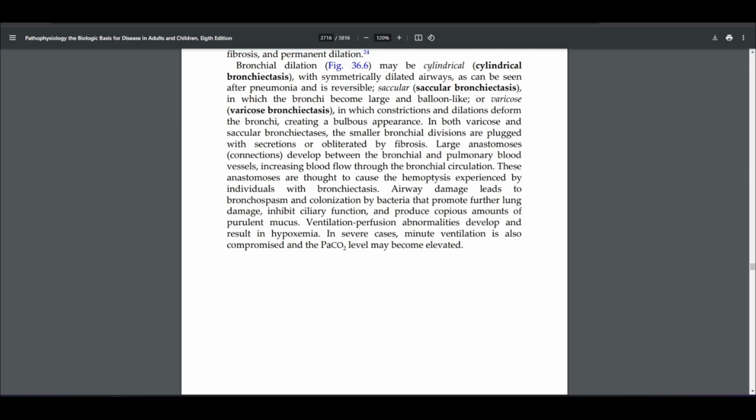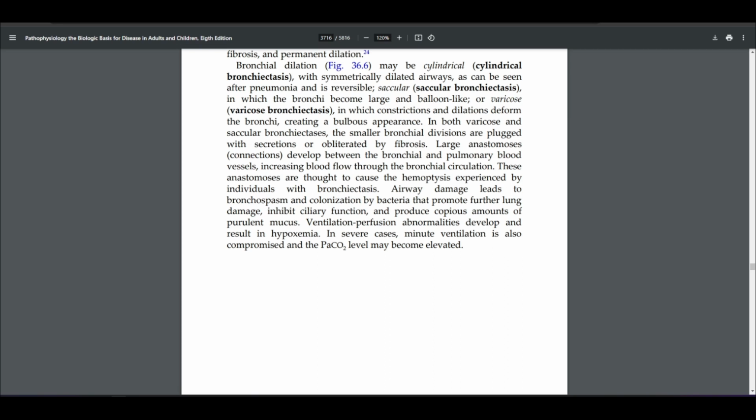In both varicose and saccular bronchiectasis, the smaller bronchial divisions are plugged with secretions or obliterated with fibrosis. Large anastomoses develop between the bronchial and pulmonary blood vessels, increasing blood flow through the bronchial circulation. These anastomoses are thought to cause the hemoptysis experienced by individuals with bronchiectasis.